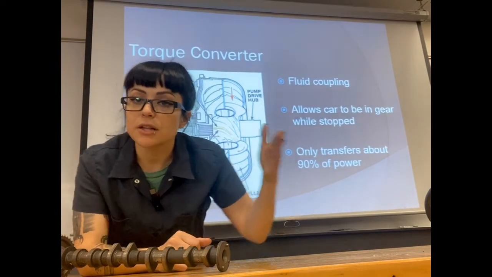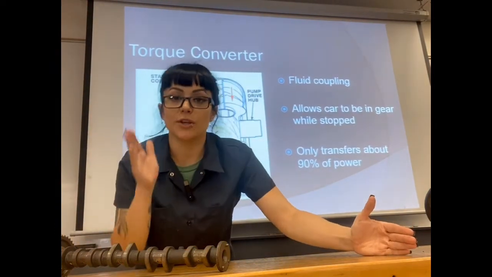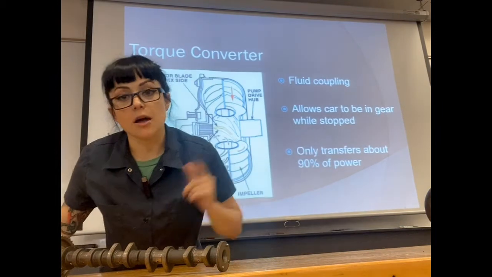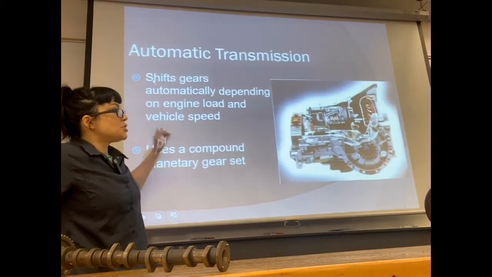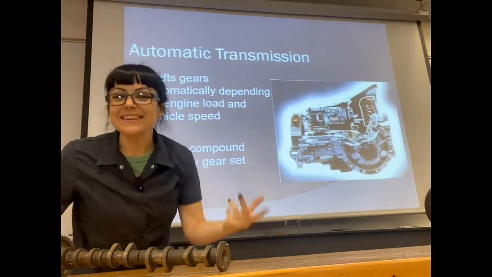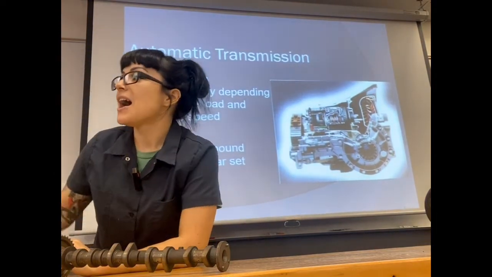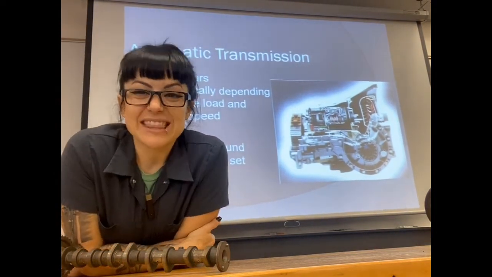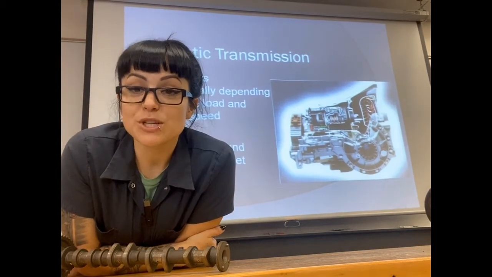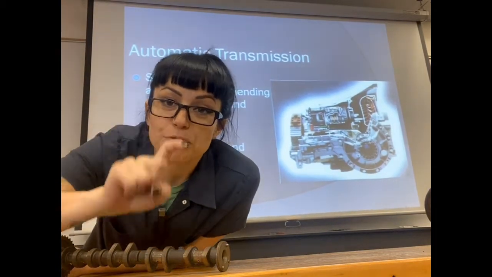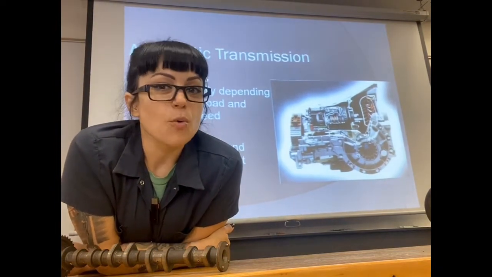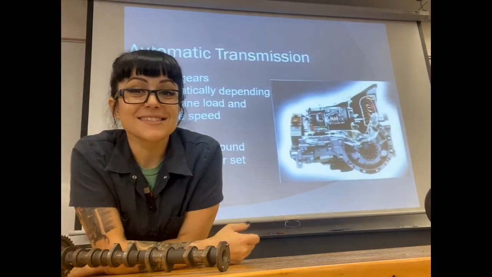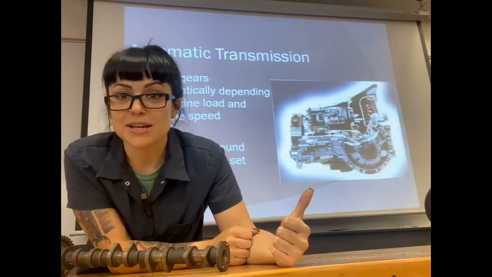So instead of a clutch on a manual transmission vehicle, we're using a torque converter on an automatic transmission vehicle. So the automatic transmission itself is a little bit different. We don't use the same type of gears as a manual transmission, but we are still using gear ratios. So first, second, third gear is going to be torque multiplication, right? We can still multiply torque in an automatic transmission.